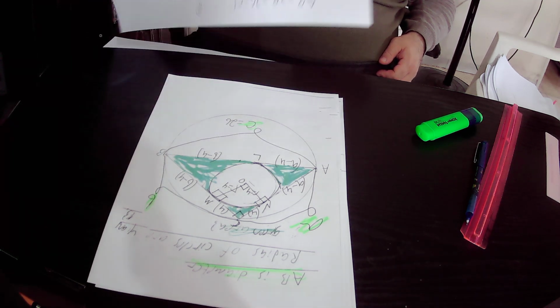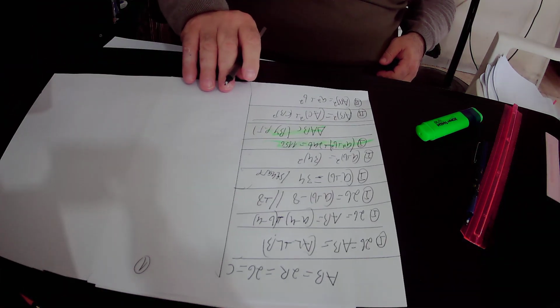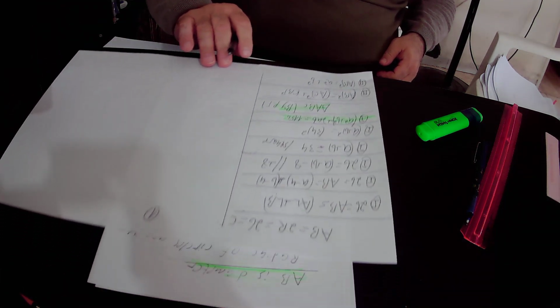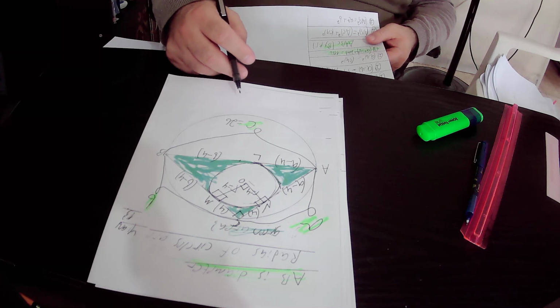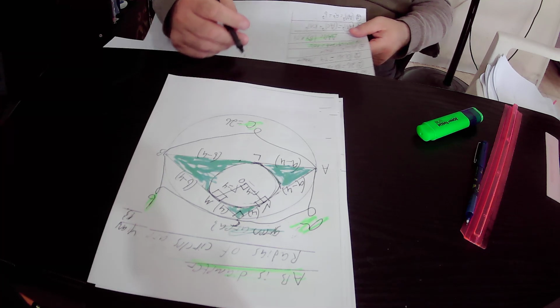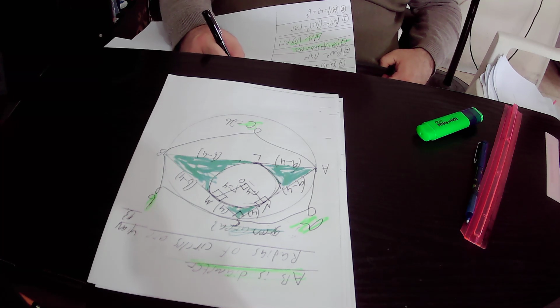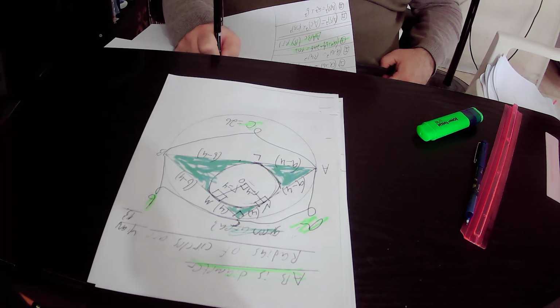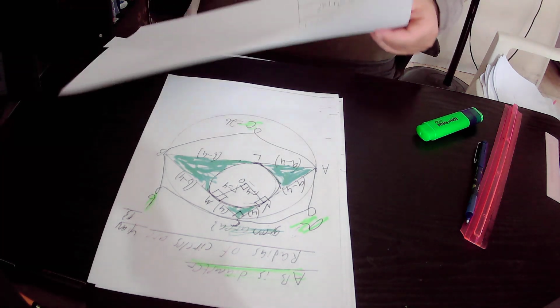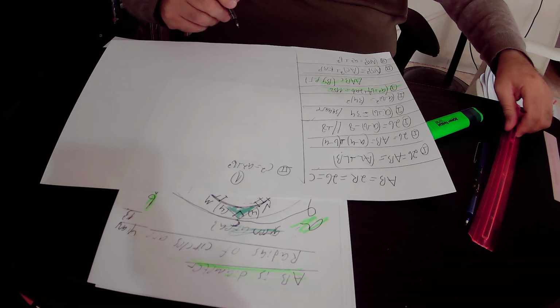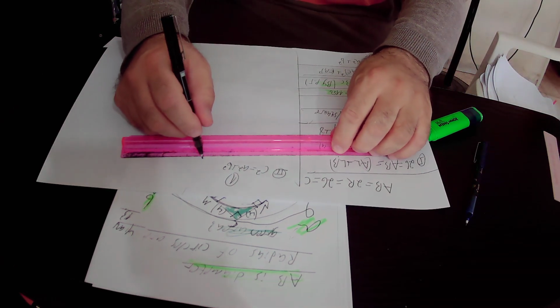So here we got that AB squared equals A squared plus B squared, but AB equals C according to our definition, so we substitute AB by C and we get that according to equation number 2, C squared equals A squared plus B squared.